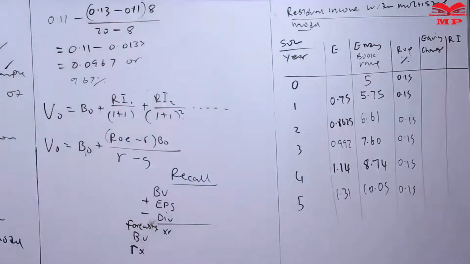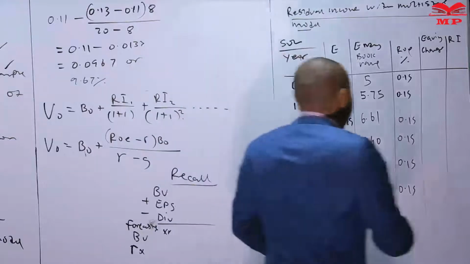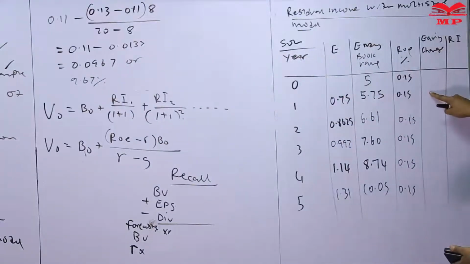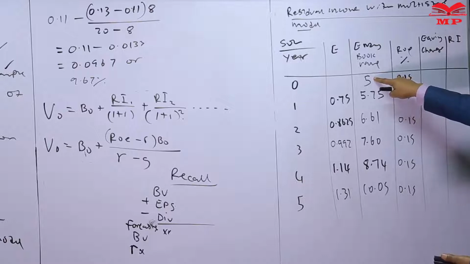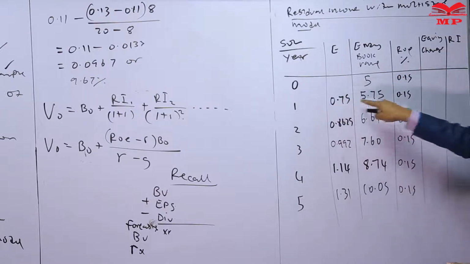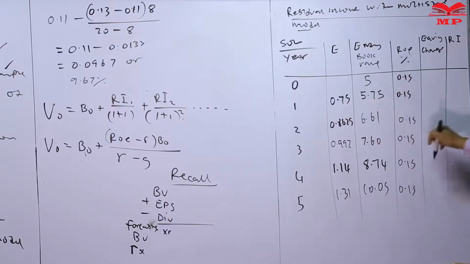From the question, the required return is 10%. So 10% times the beginning book value. Just focus on this one over here, it's 10% of the beginning value, not of the corresponding value here, but of the beginning book value.